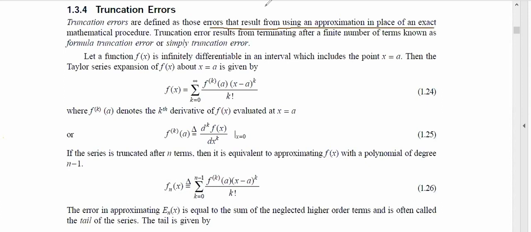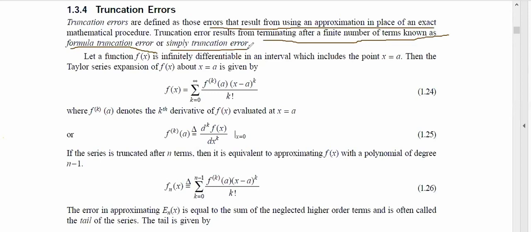Therefore, this truncation error results from terminating after a finite number of terms. Terminating means deleting. So a finite number of terms. What is the name of this? Truncation error, or simply the truncation error.